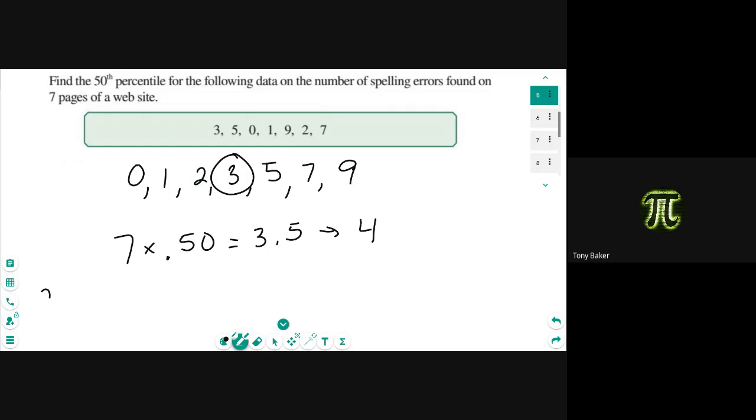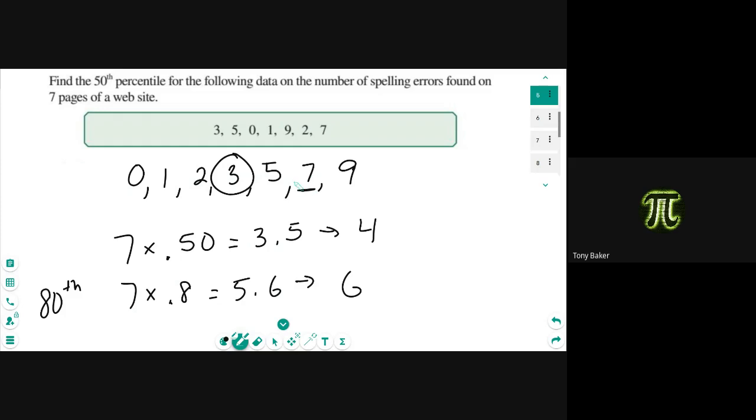What if I wanted to find the 80th percentile? So I'd multiply 7 by 0.8, which gives me what? That's 7 times 0.8. Is that an integer? No. So round up. So I'm going to take the sixth number.